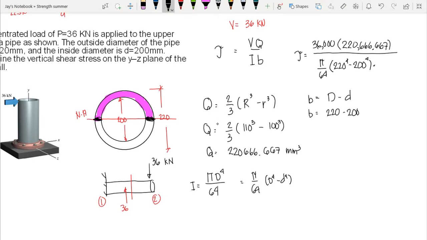So our base is 20: this one is 10, this is also 10, so we add, then we have 20. So our shear stress is equal to 10.90 megapascal. This is now the average shear stress in our circular tube.